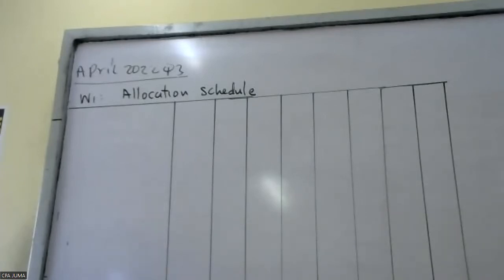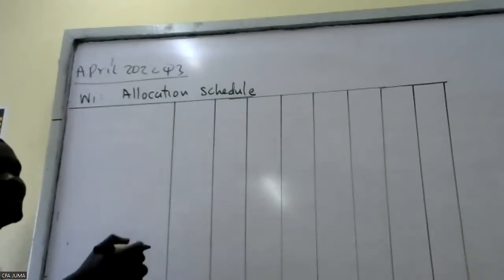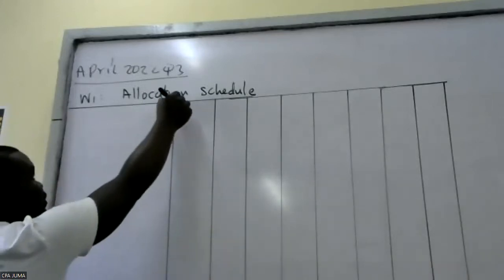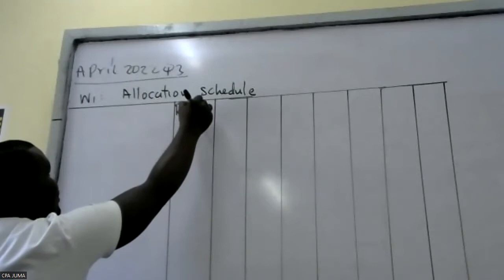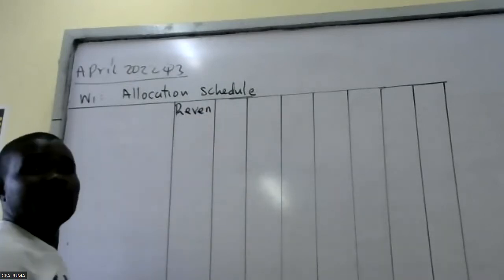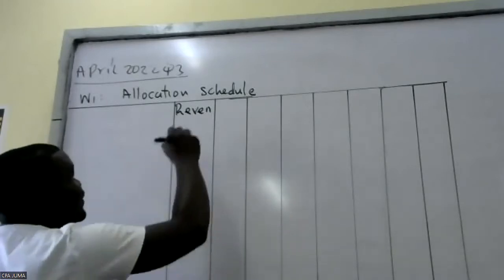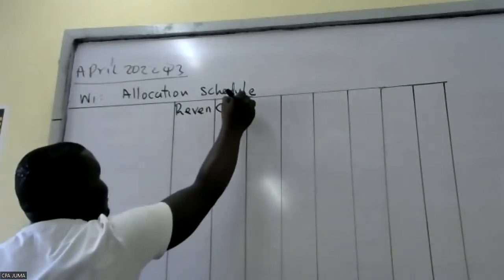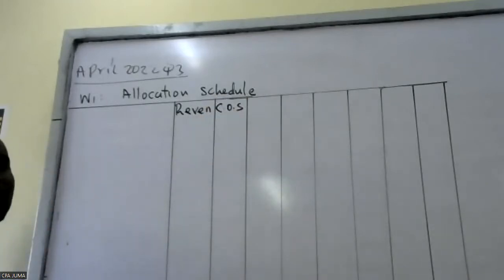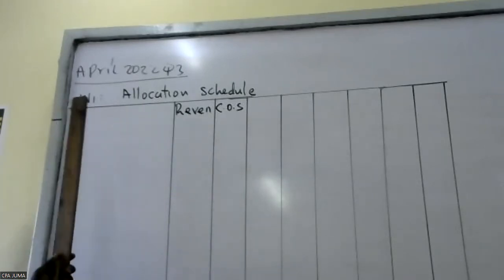Alright, so here, write for me revenue. Then we follow it with the cost of sales. I want us to move together because the spaces are quite small.